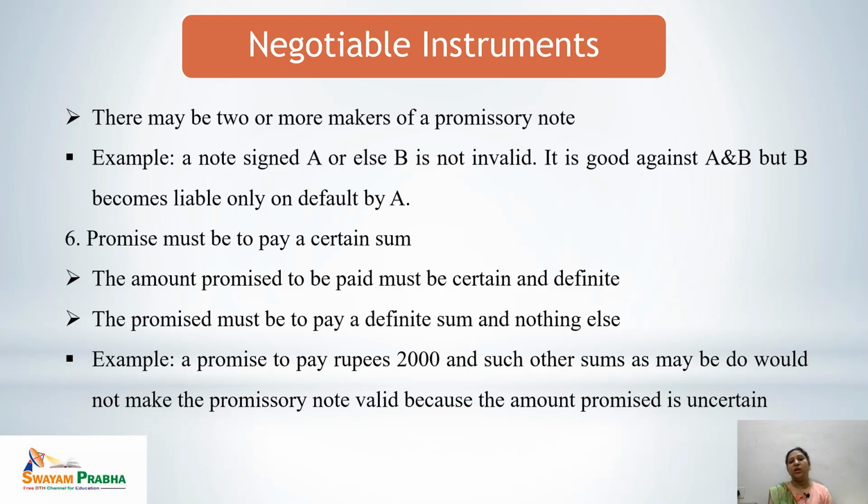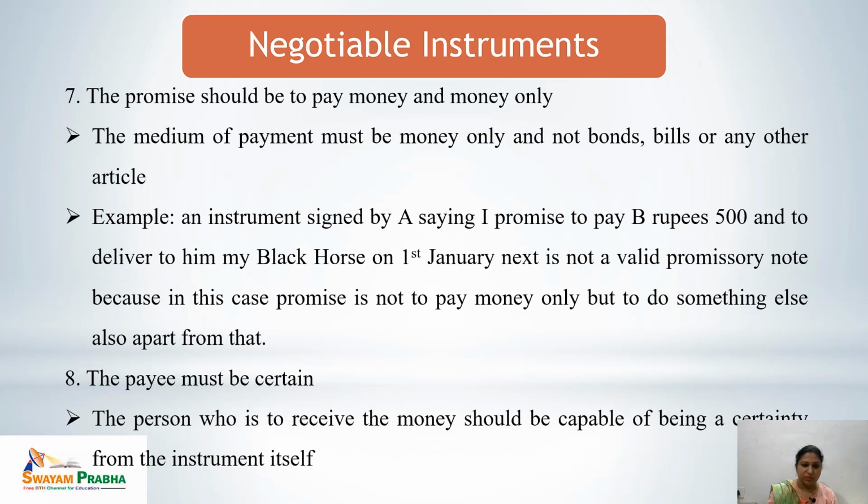Where the total amount is uncertain or a part of the total is uncertain, it would not make a note a valid promissory note. As in this example, A has promised to pay rupees 2000 and other sums. So other sums is a totally vague and uncertain term. Where the terms are not certain or definite, it would not be a valid promissory note.